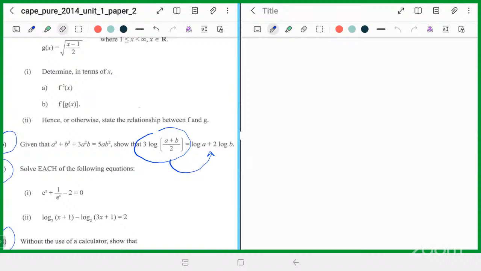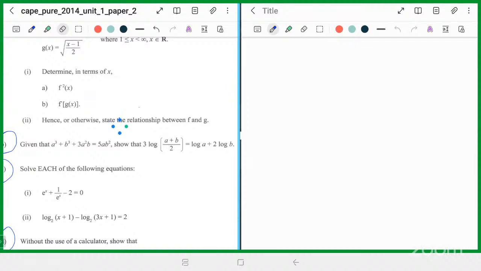So it is a matter of taking this expression right here, the left side, and making adjustments using the laws of logs. This will come into play at some point, and in the end, it's going to be equal to that thing. All right, so let's approach it that way. So questions like these are centered on your knowledge, on what you know. The more things you know in terms of the laws of logs, the easier these questions are.